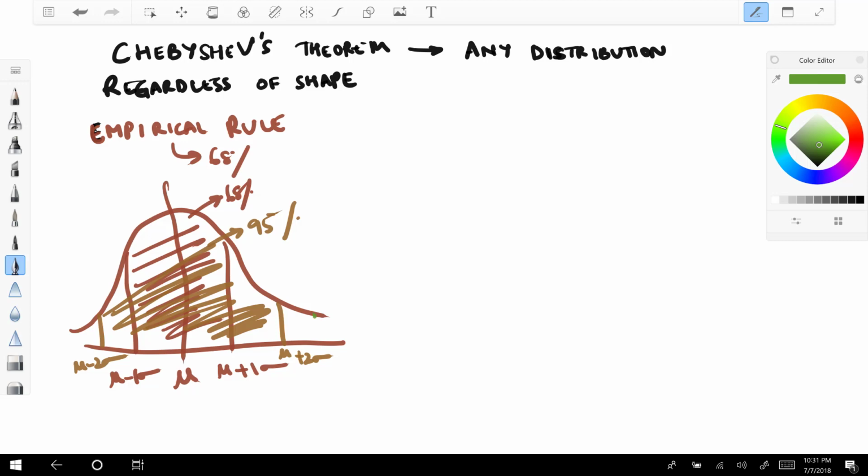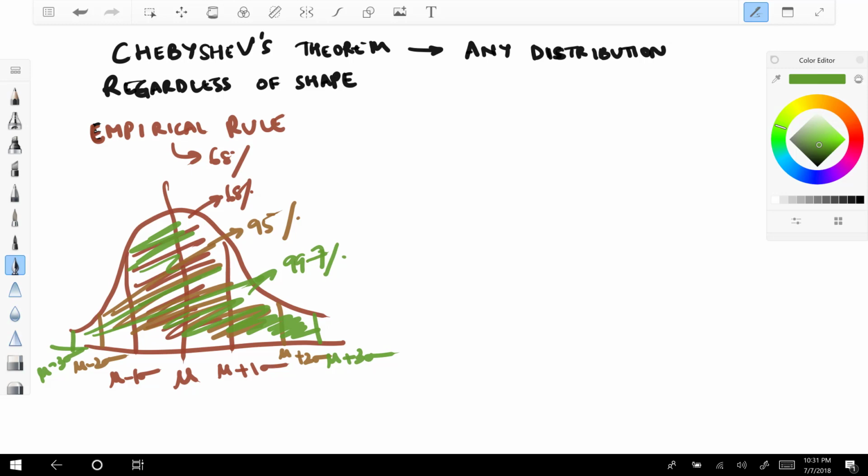And then we have mu plus 3 sigma and mu minus 3 sigma, so this entire area would be 99.7%. So Chebyshev's theorem is the same concept.